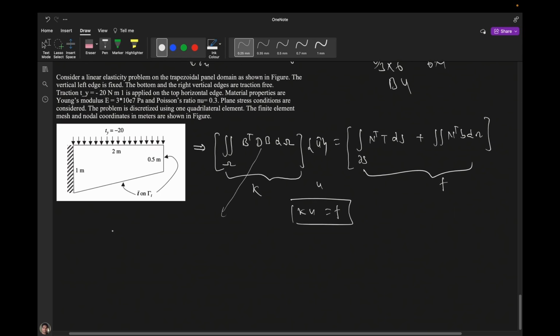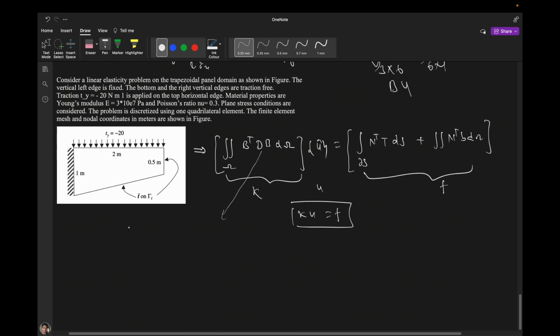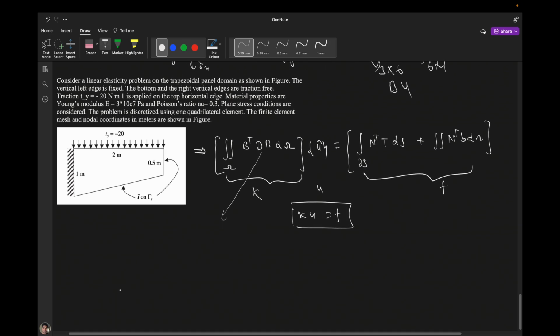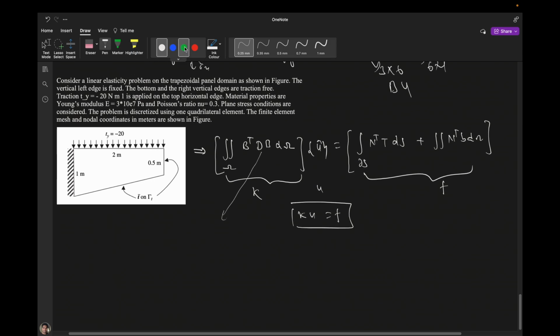But here there is a little bit of difference, because whatever we are choosing for the shape function, earlier it was a function of x, but here since we are changing from the physical domain to the master domain, the shape function will be a function of xi and eta in this case, which means that suppose we are discretizing the domain like this.